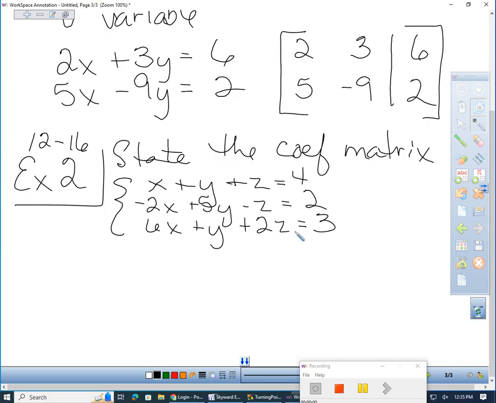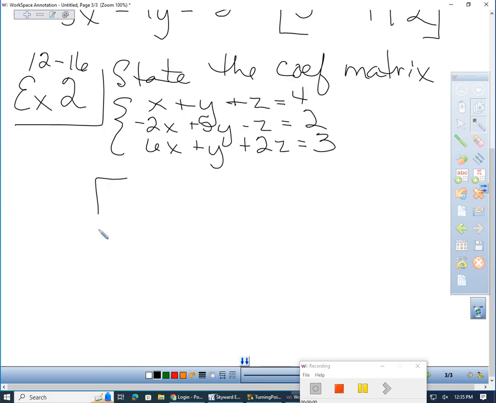I figured I could up it because you guys can handle this. All right, so we put our bracket. We have 3 equations, which means we will have 3 rows. So little dashes there to help me remember there's 3 rows. My coefficients in the first one. How many x's do I have? How many y's? How many z's? And I'm going to put that line down to help with the answer, equals 4, right?